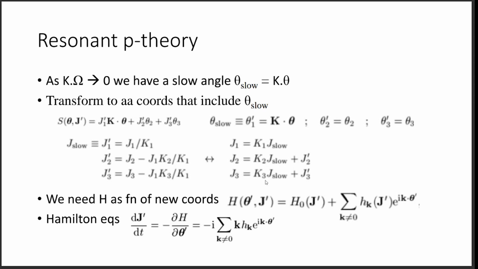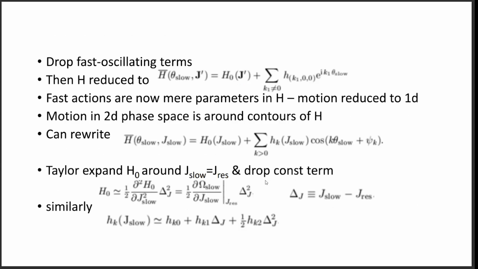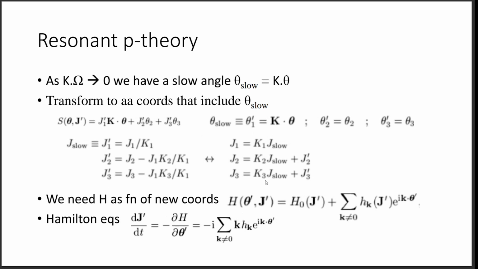If I ask what is happening with... So here we have all the newfangled angle variables. And what I now argue is that one of these angle variables, theta slow, which is the first of the primed angles, is varying slowly, and I need to take account of that.